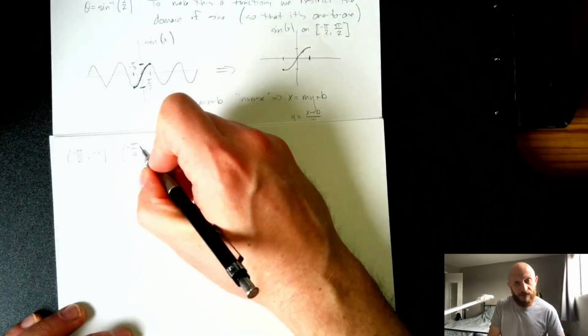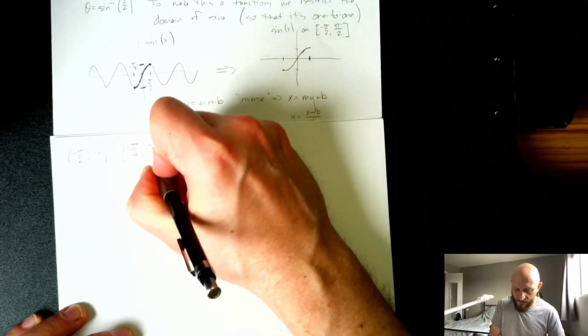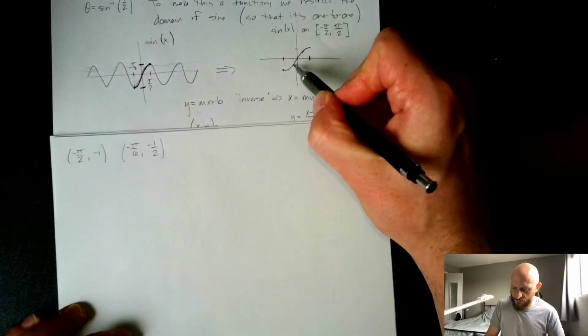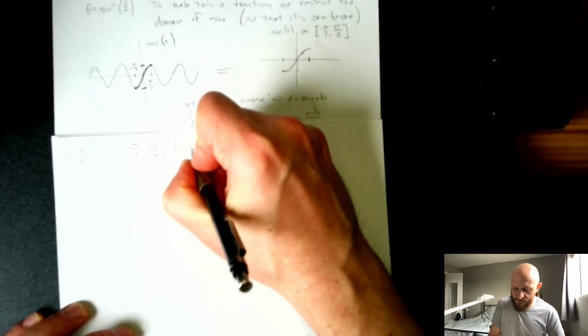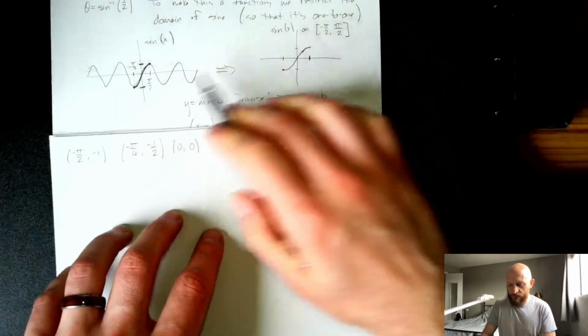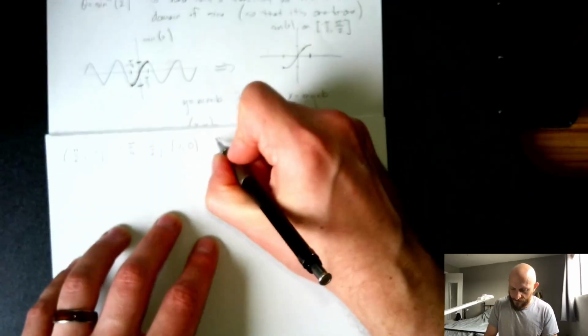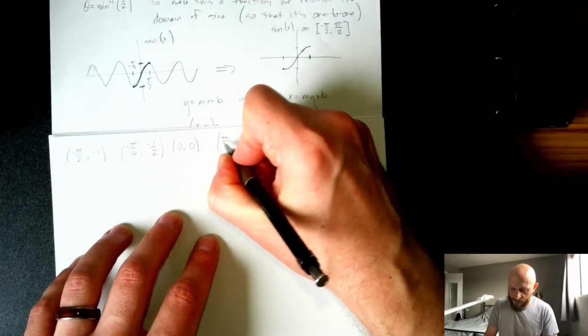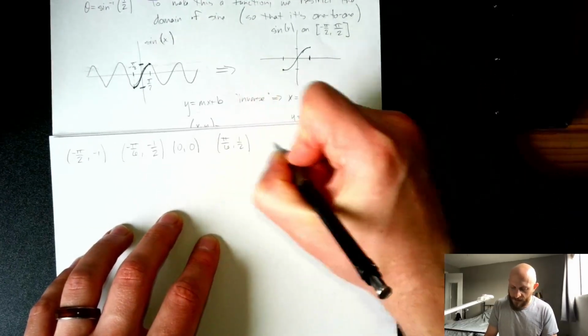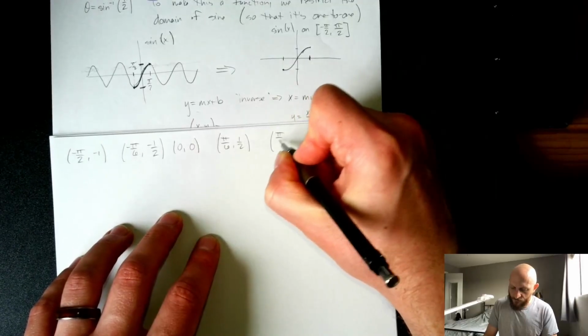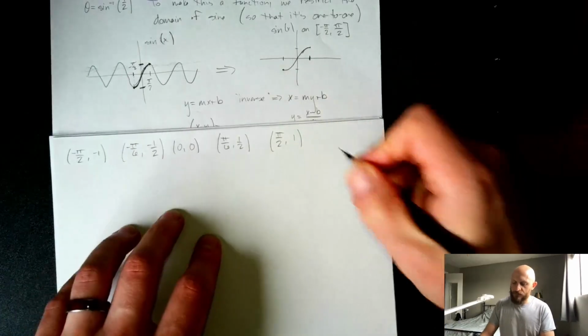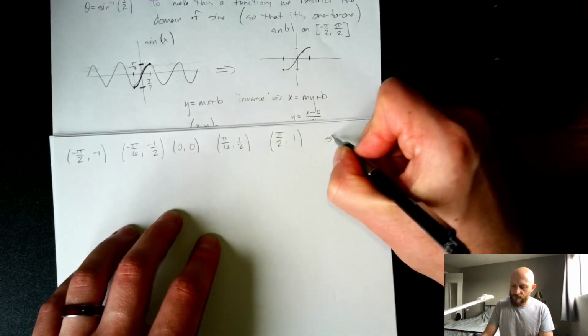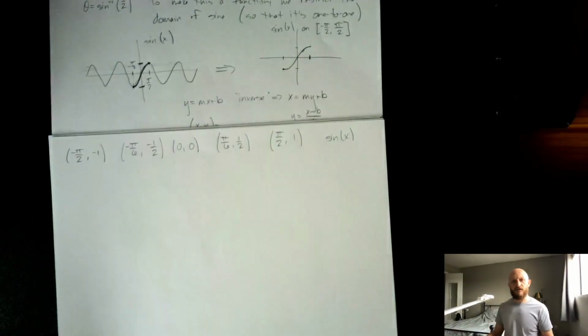The sine of negative pi over 6 is -1/2. So it goes through right there. It goes through the origin. And these are all from regular sine, right? So it also goes through pi over 6, comma 1/2, and through pi over 2, comma 1. Those are all values that are touched by sine of x.